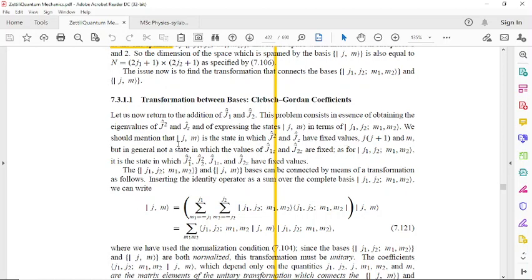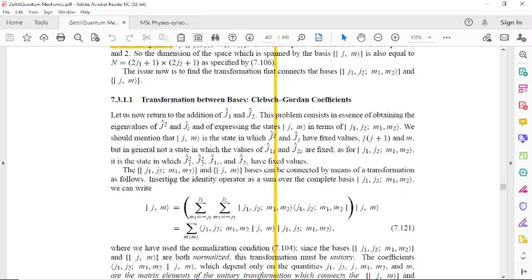We should mention that |J, M> is the state in which J square and Jz have fixed values J(J+1) and M, but in general not a state in which the values of J1z and J2z are fixed.